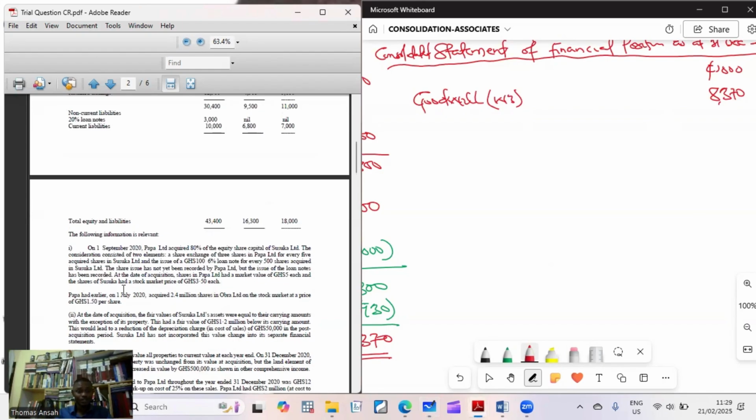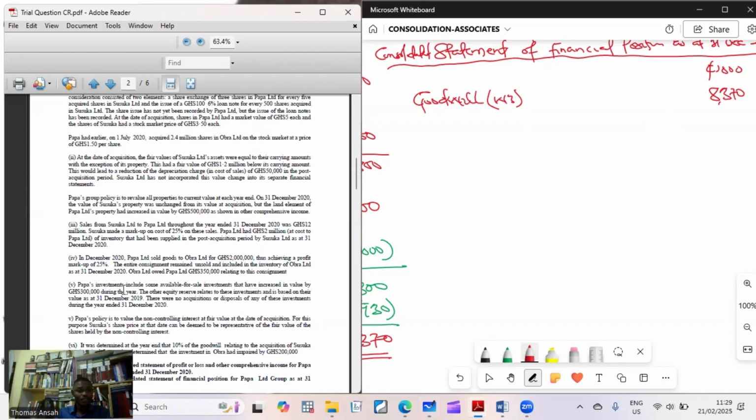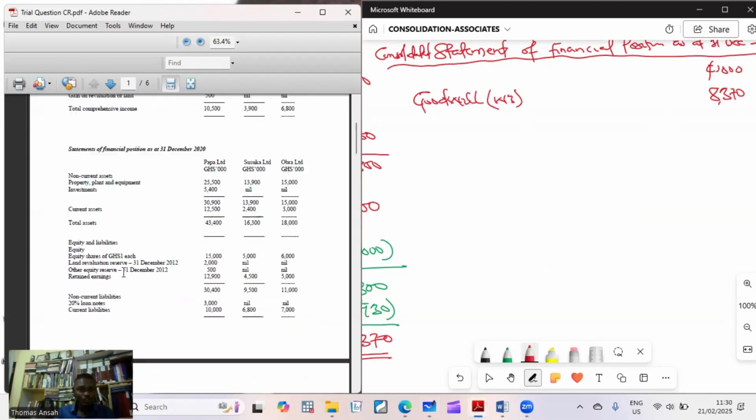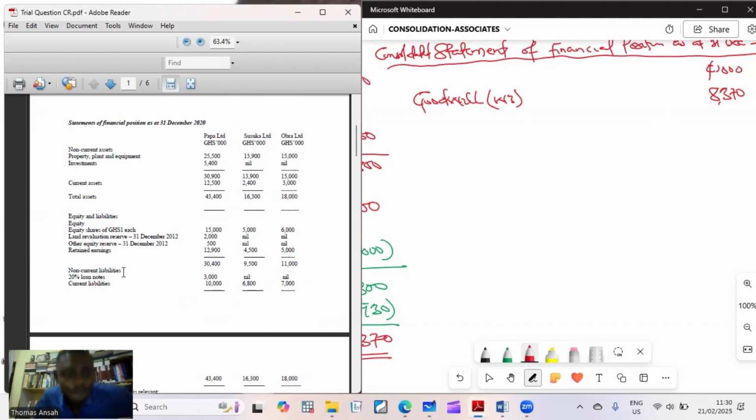Immediately you are done, go to your balance sheet. Here you will see the relationship, those ones that we are going to consolidate. If you look at this one, check your non-current assets, so NCA. So you just say property, plant, and equipment, and you put in brackets, consolidating.